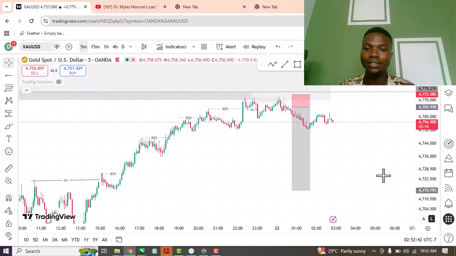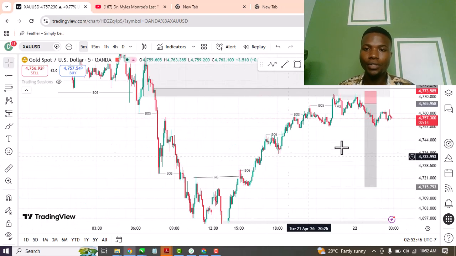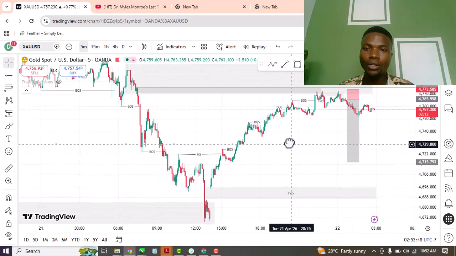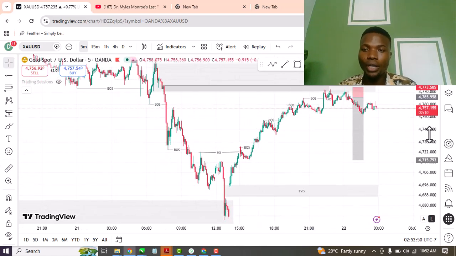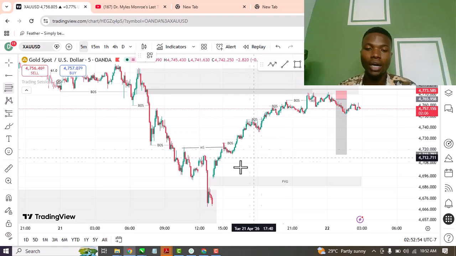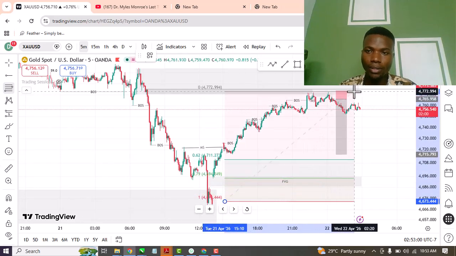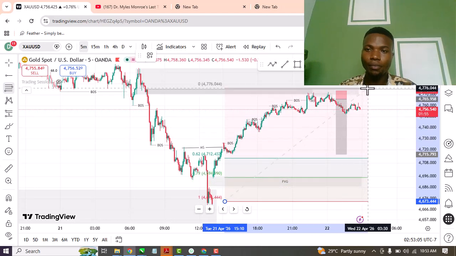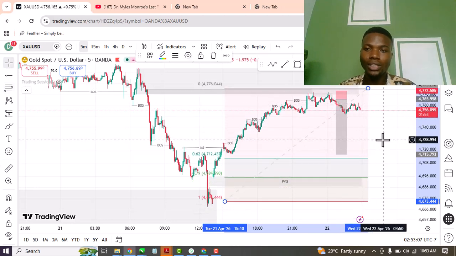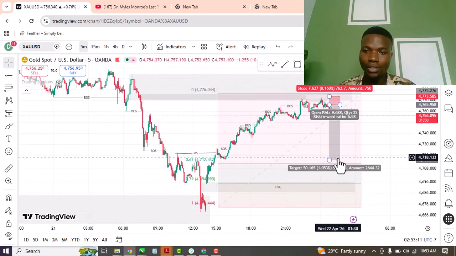The reason I set my target here is that, being that I've been studying gold for a while now, if I use my Fibonacci tool like this, you can see that the Fibonacci tool is showing us that price will reverse all the way here.